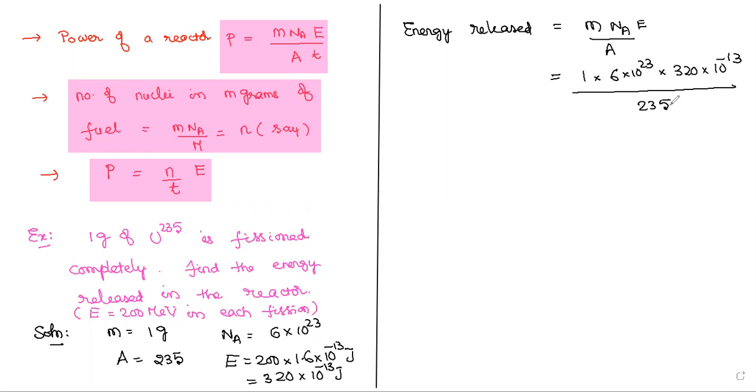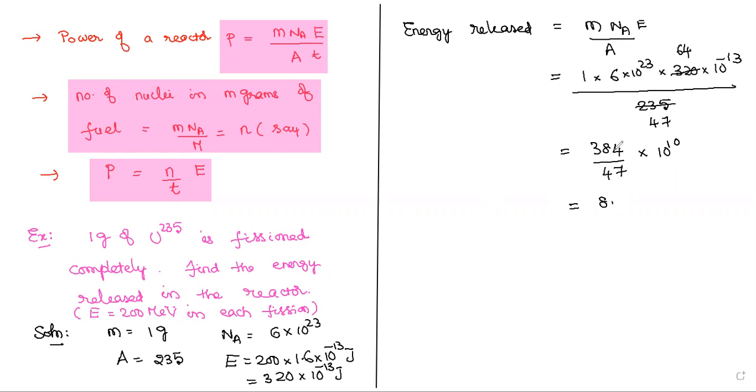If you do some calculation here, 5 fours are 20, 6 fours are 24, 36, 38, 384 by 47 into 10 to the power of 10. 47 is approximately 50, so this is approximately 8 times 10 to the power of 10.